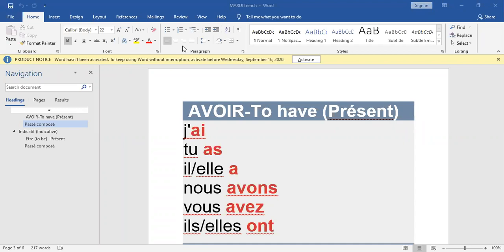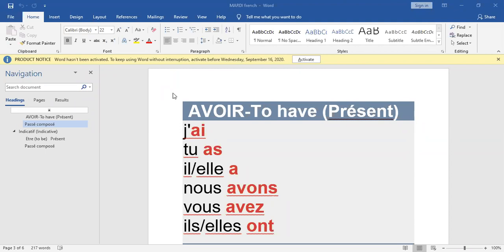Here we have they feminine, they masculine. Remember that even if you have 1,000 girls and a boy, you will use what? Ils. You will not say because you have more girls, then you will go for elles. No, you have to play by the rule.